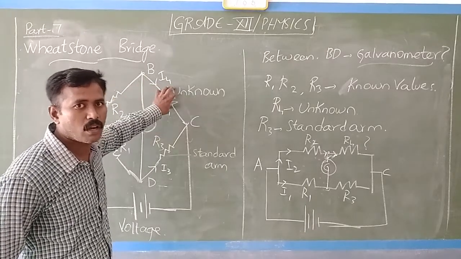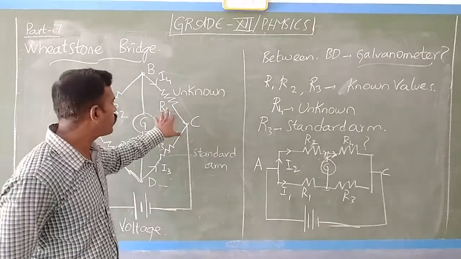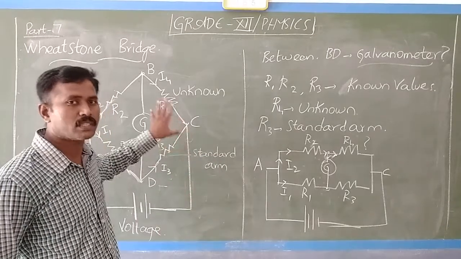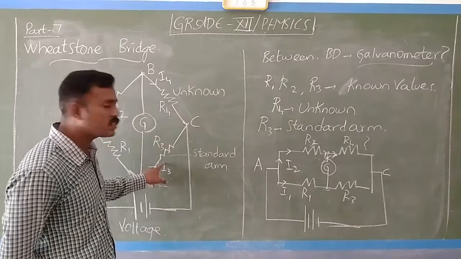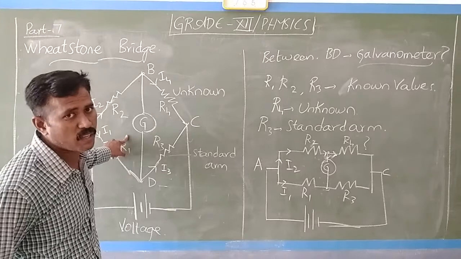You cannot control I4 R4, because the resistance R4 is unknown to you, so it is a fixed value. You have to find that R4. So you are changing R3 until you get a zero deflection.